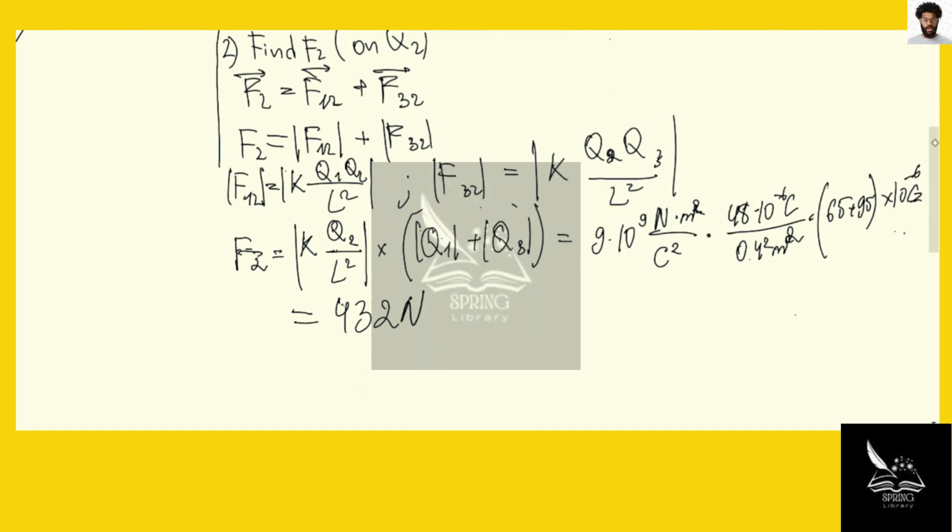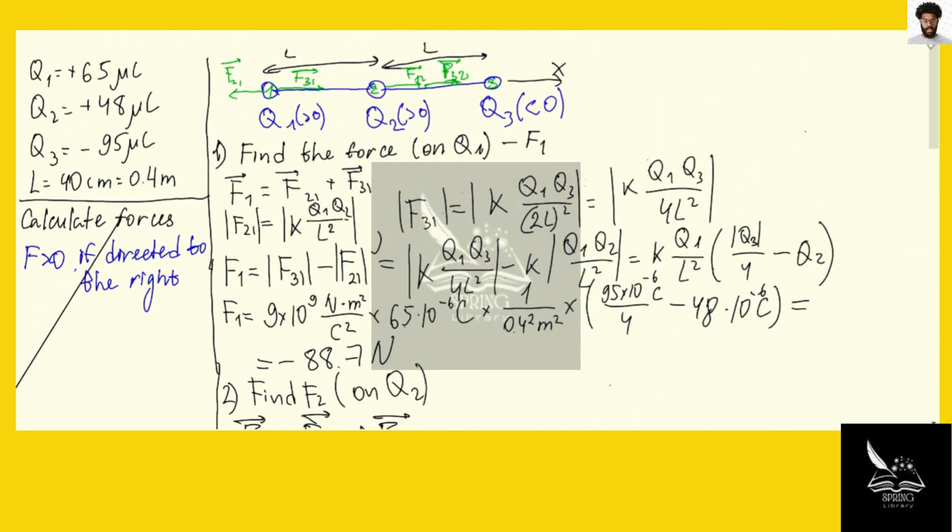If we complete the calculation, we'll get that F2 equals 432 newtons, which means that F2 is directed to the right.